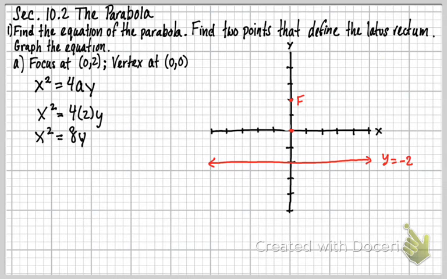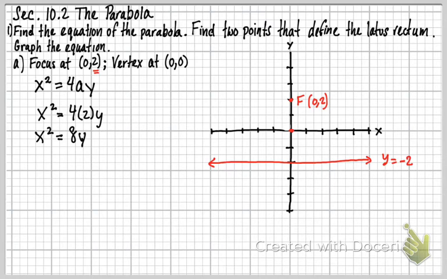So we know the focus is 0, 2, and since I'm plugging in a number here, I'm going to plug in that 2 for my y, because this is the one I'm going to use, since I know the focus is 0, 2. I can plug that 2 in for y and get my x values, and that'll give me those latus rectum points.